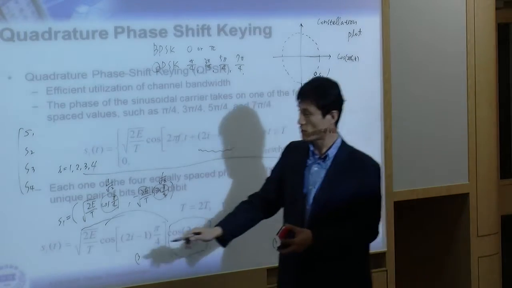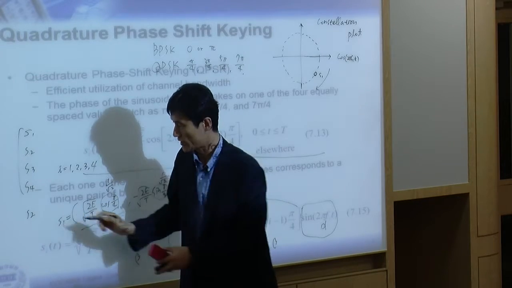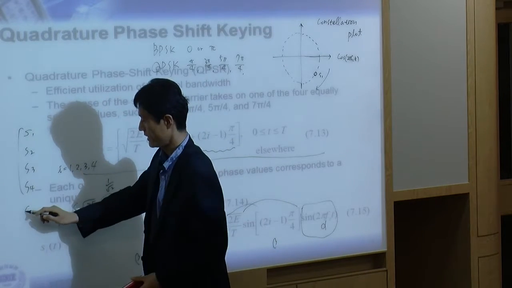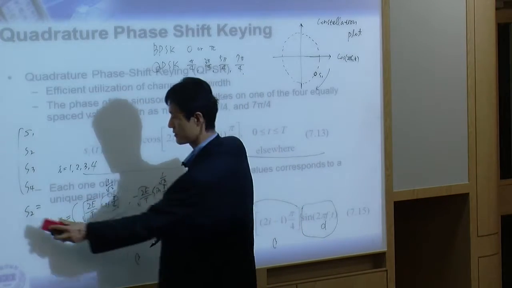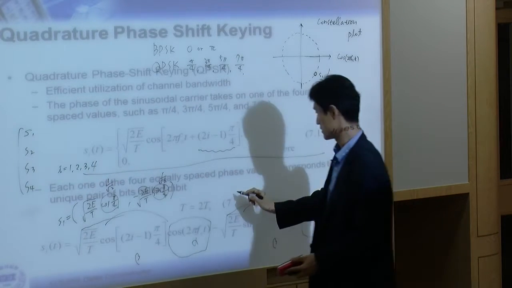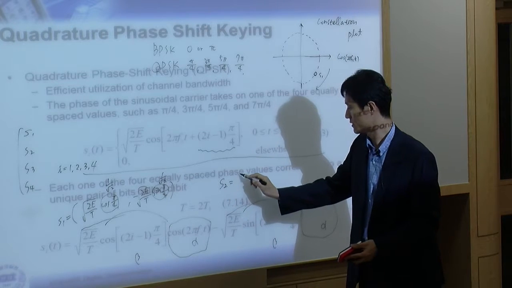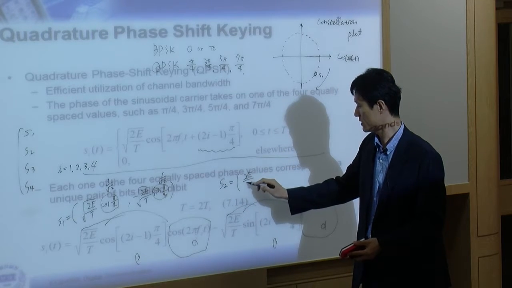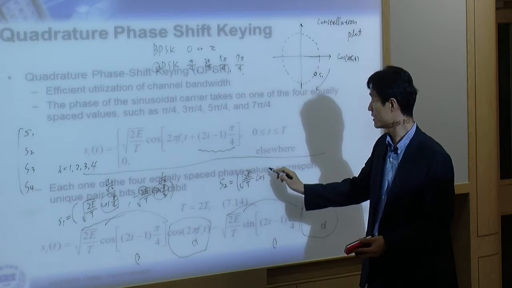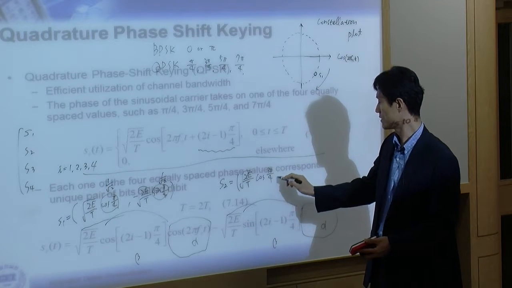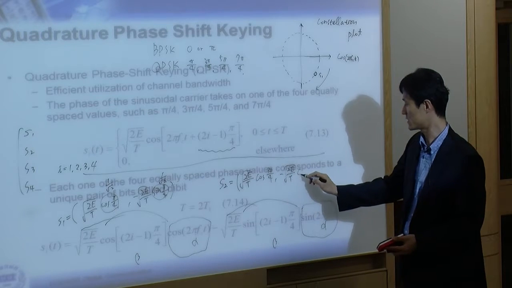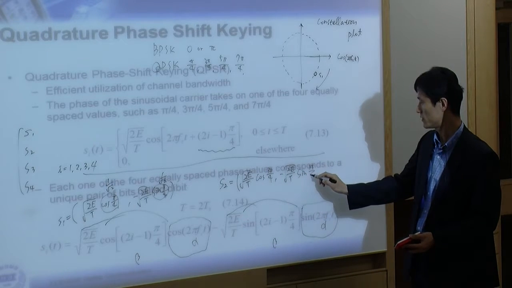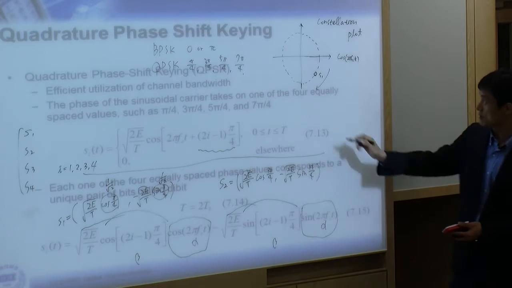Let's take a look at the S2 now. S2, same way. S2 equals, same thing. Let's look at here. S2 equals root 2E divided by T cosine 3 pi over 4 minus root 2E over T sine 3 pi over 4. So that means we are here.